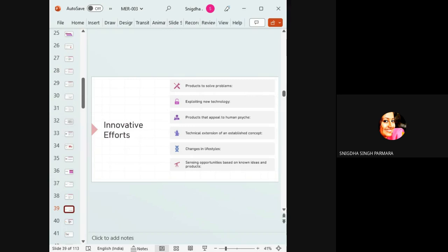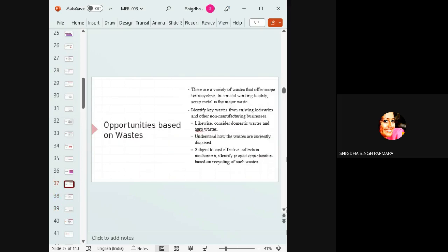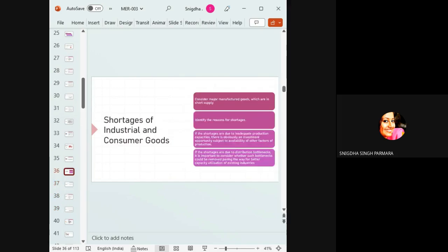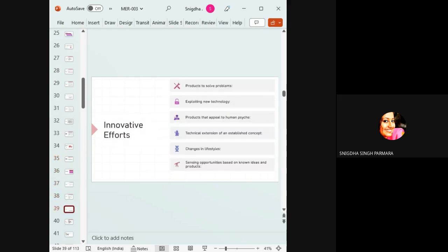You might get lots of ideas from service sectors, shortage of industrial and commercial goods, institutional purchases, etc. But pick up those which could bring some innovation to the market. Come up with products which actually solve some problems and do not just take advantage of a situation that the economy is currently facing.